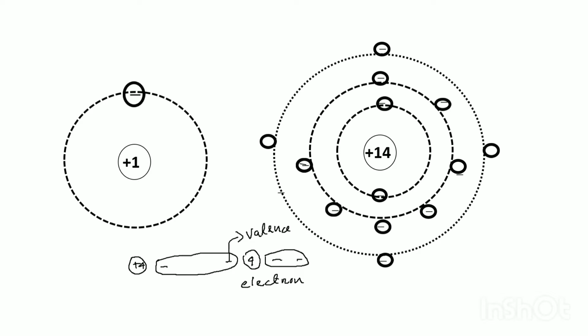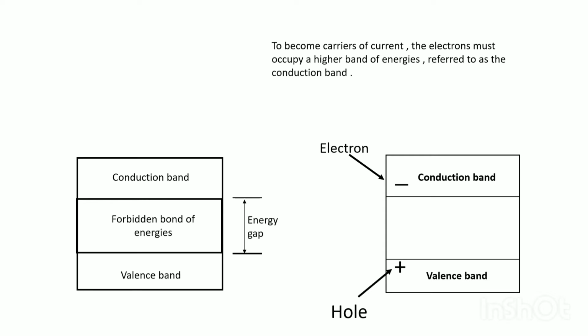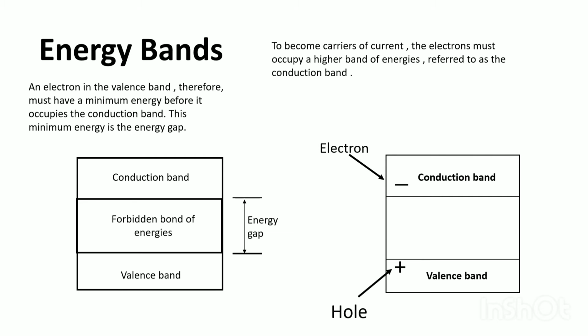The orbit or shell nearest the nucleus can hold no more than 2 electrons. Helium, for example, has an atomic number Z equal to 2. Now friends, you see that silicon is Z equal to 14.